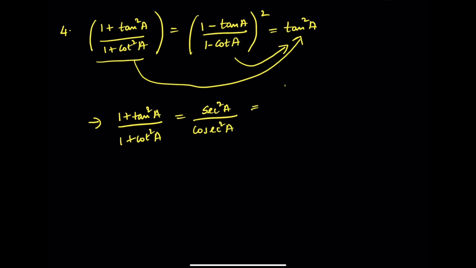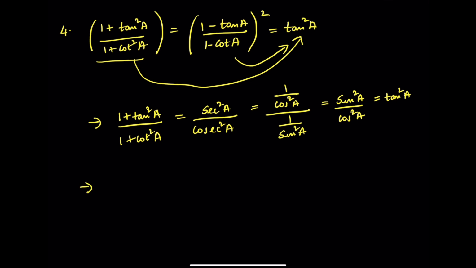Now secant square a is 1 by cos square a and cosecant square a is 1 by sin square a. So if we solve this, we would get sin square a divided by cos square a, which is tan square a.